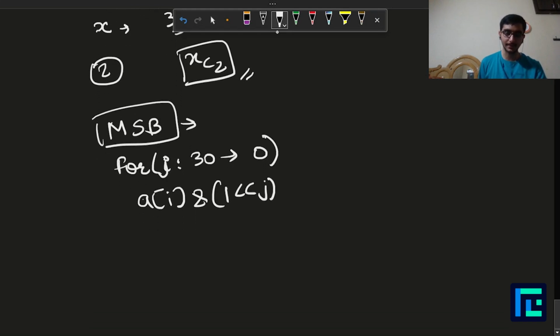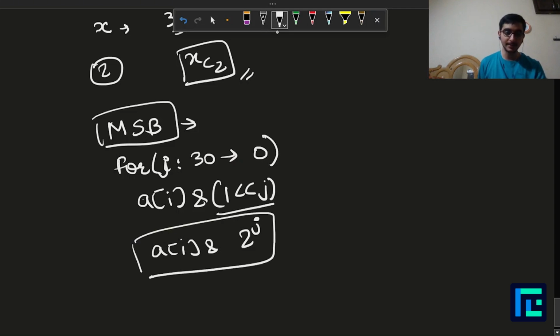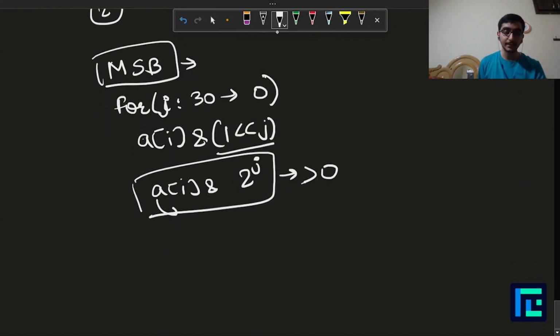So what does this represent? This is basically 2 power j. So if I bitwise AND A of I with 2 power j, this will return a non-zero value only if the jth bit from the right is set, and if it's unset, it returns 0.